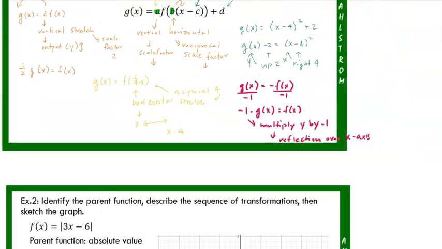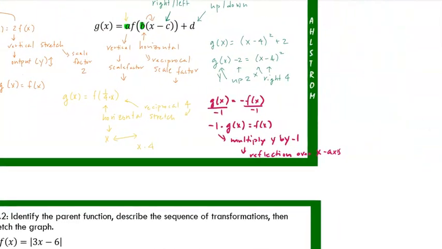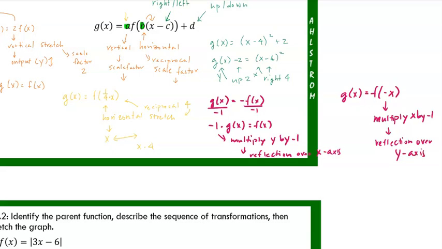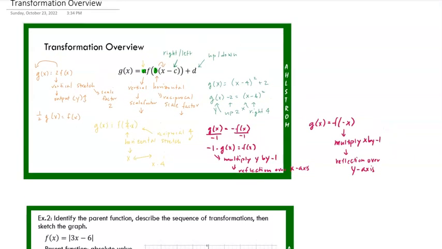If you had, let's say, a g of x equals f of -x, you are literally multiplying the x by a -1, so that becomes a reflection over the y-axis.